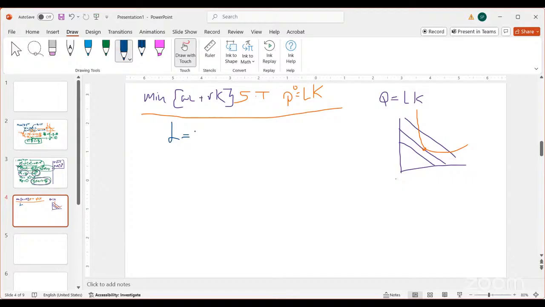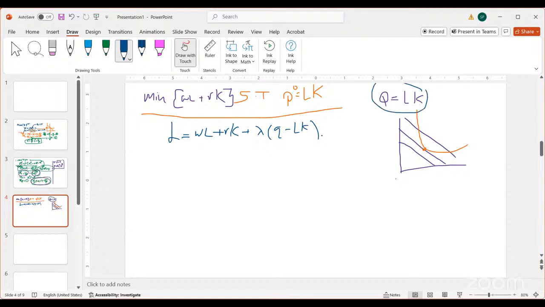First write the objective function, then add the constraint equal to 0. In the exam you have to do the same exercise, but most probably with a different production function, right?